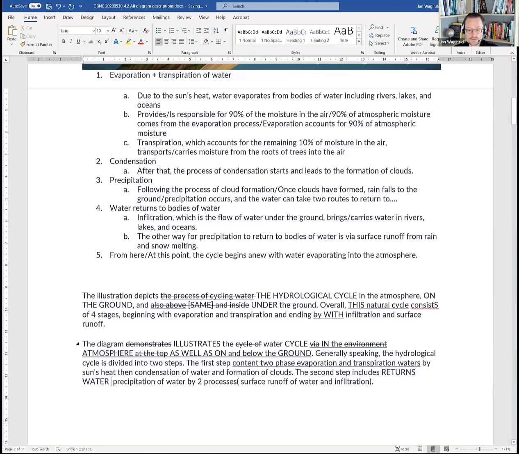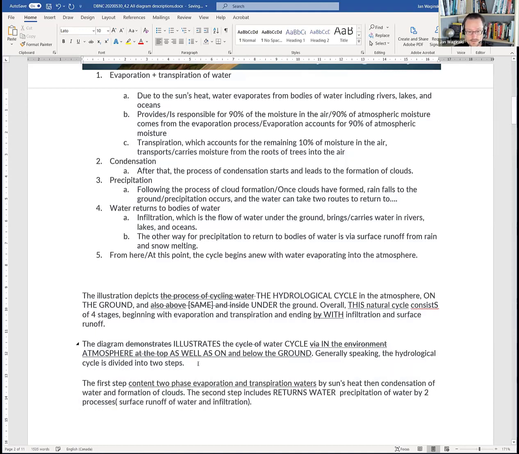Okay, this is getting too complicated for the general overview. Hydrological cycle is divided into two steps. Okay. What are the two steps? We're not going to try and fix it. We're just going to redo it. Okay, first step, the evaporation of water and transpiration of water.